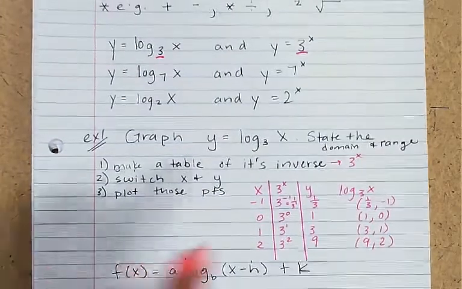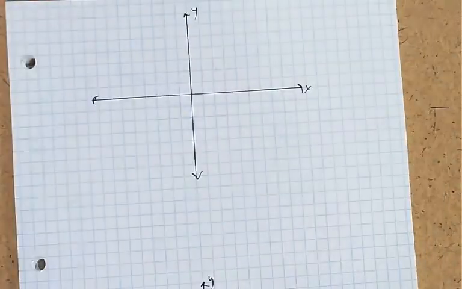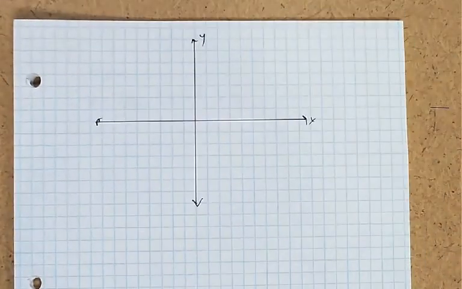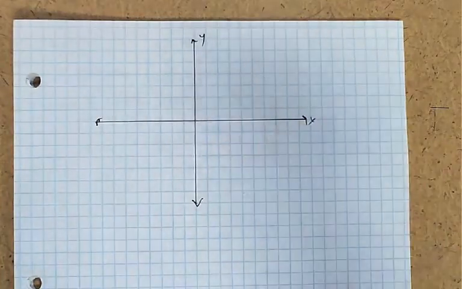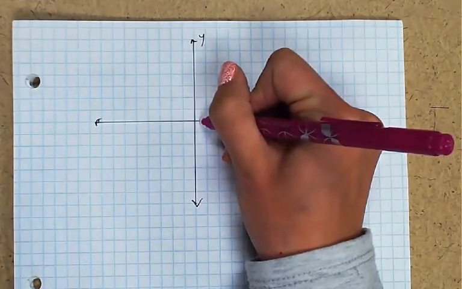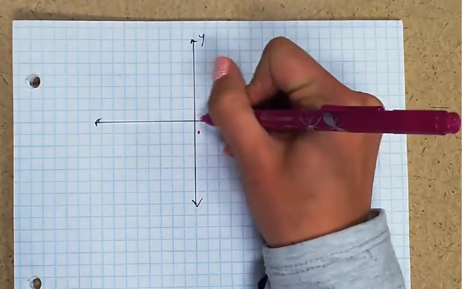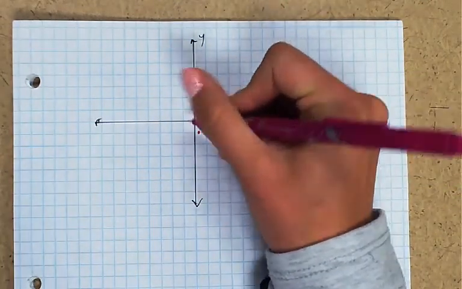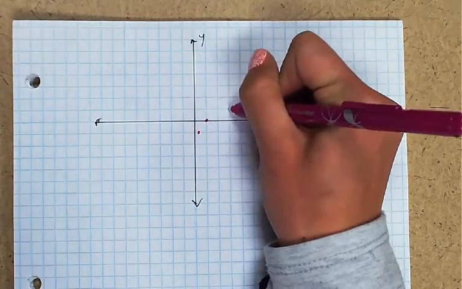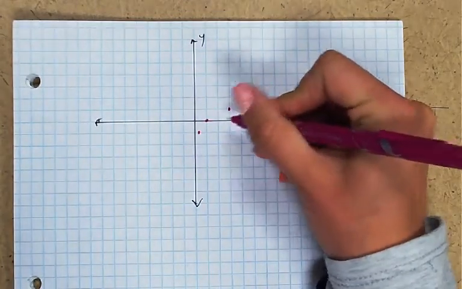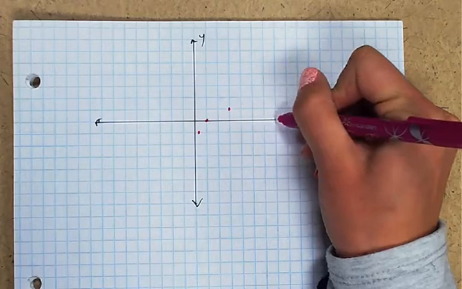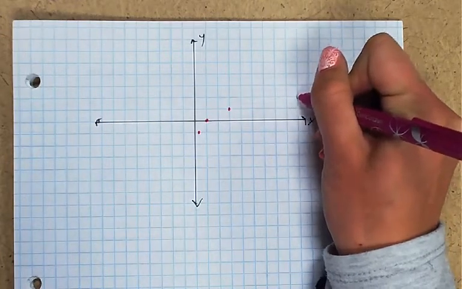Now I'm going to plot those 4 points on my coordinate plane here. The first one, we're going to go right 1/3, down 1. Then right 1, then 0. Then the next one is (3, 1), and (9, 2). So 3, 4, 5, 6, 7, 8, 9.